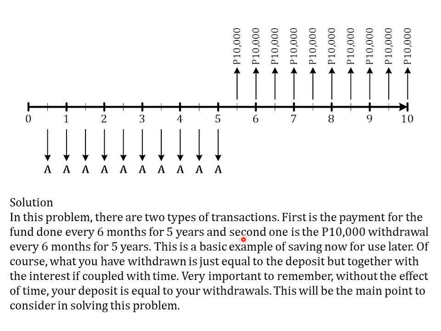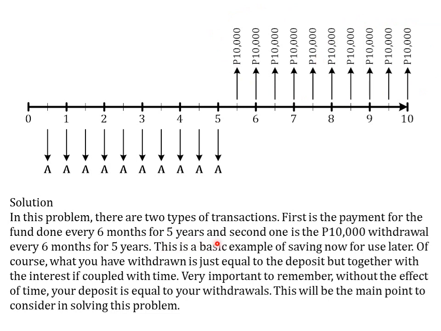And the second one is the 10,000 peso withdrawal every 6 months for 5 years. This is our second type of transaction, the withdrawal. So, the first transaction is the deposits, while the second transaction is the withdrawals.